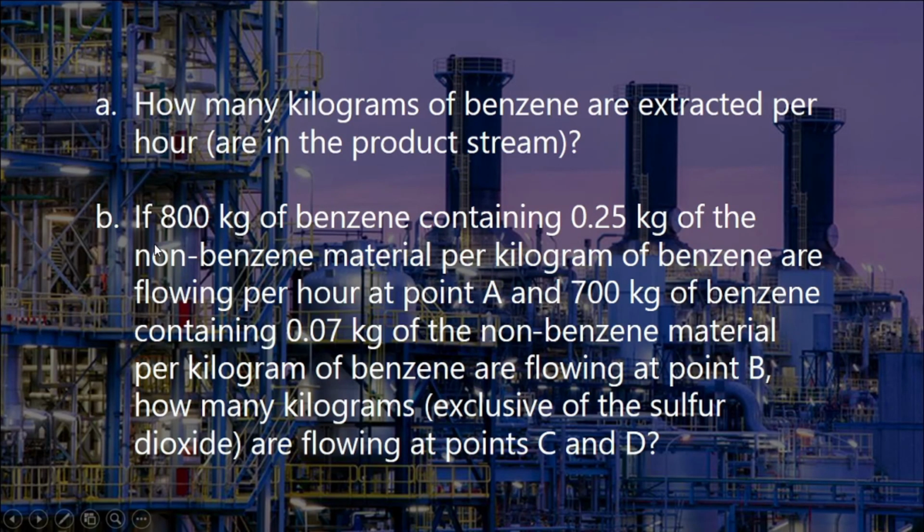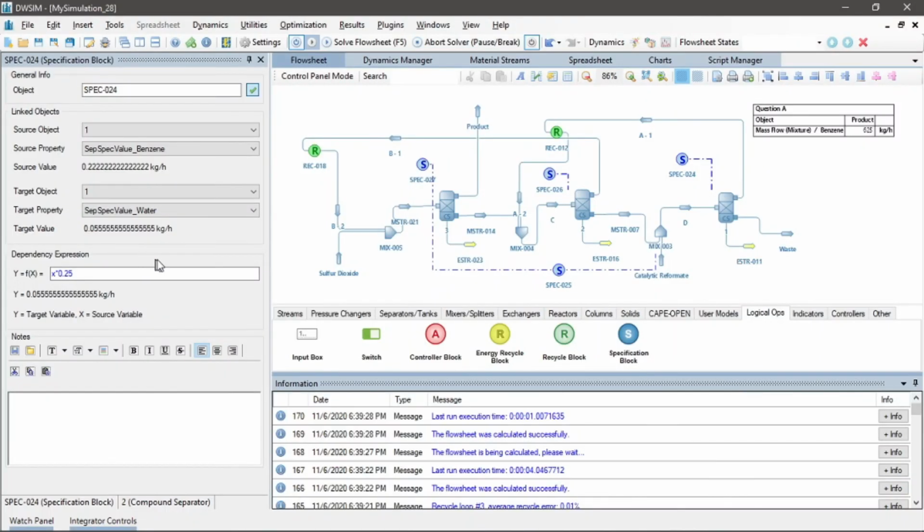So for letter B, here is our question. Now let's add another master property table.